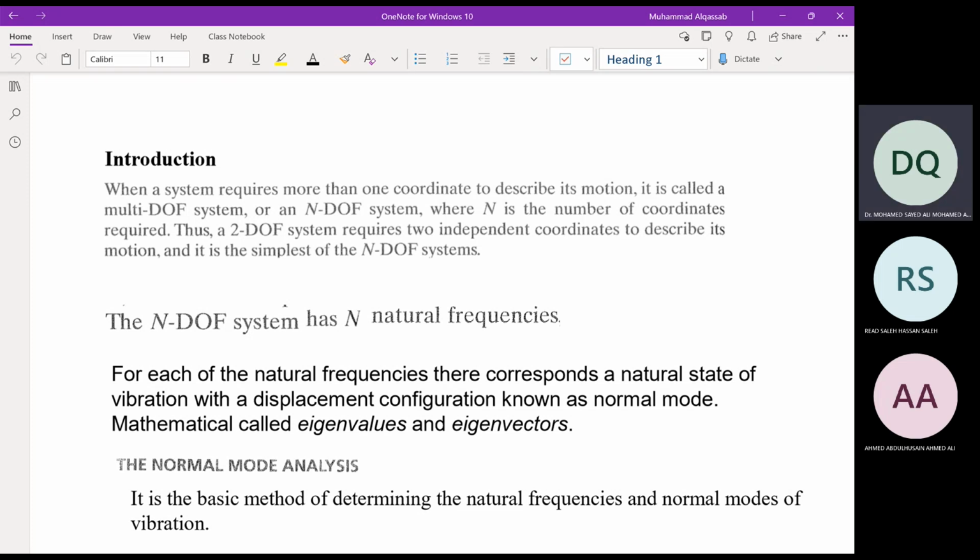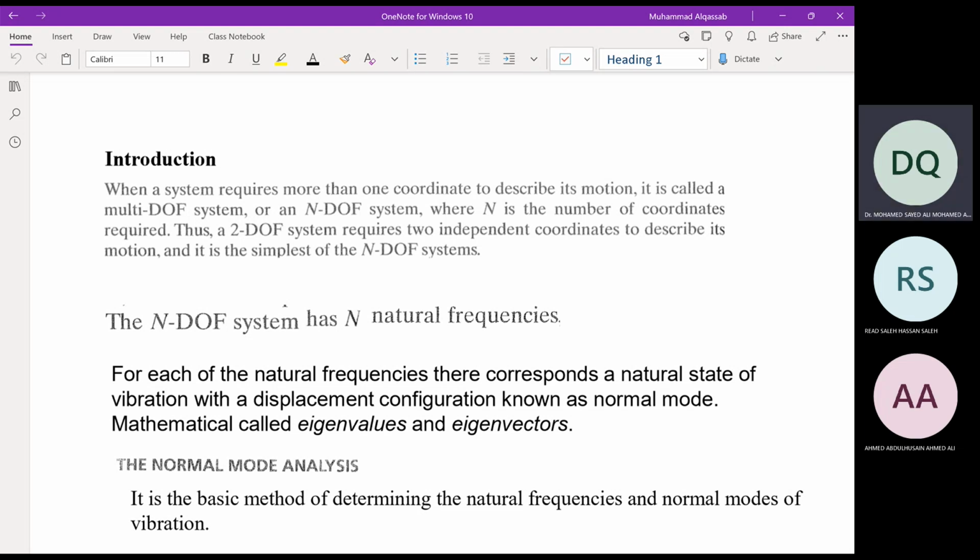And the more degrees of freedom, the more complex the system is, in analyzing, in finding the natural frequencies, in finding the response. So we will talk about 2 degrees of freedom, but you can extend the method that we are going to use to more than 2 degrees of freedom, but you will need to use a computer.